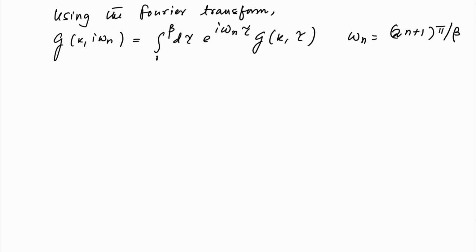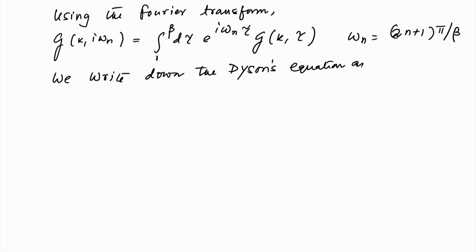So, we write down Dyson's equation as G_k(i omega_n).